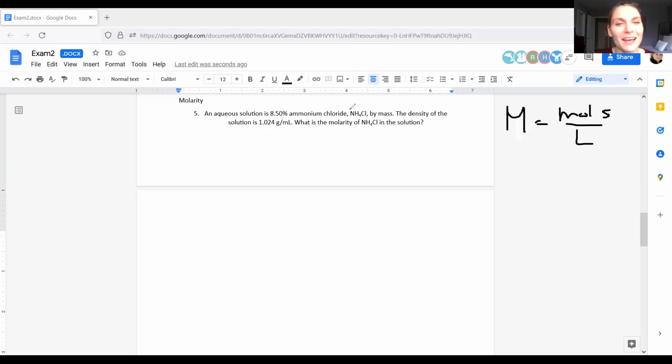It's going to help us find our moles and it's going to help us find our grams. So when we look at this piece here, let's first start with the density portion. It's going to give us that we have 1.024 grams of our solution times 1 mole. I'm sorry.